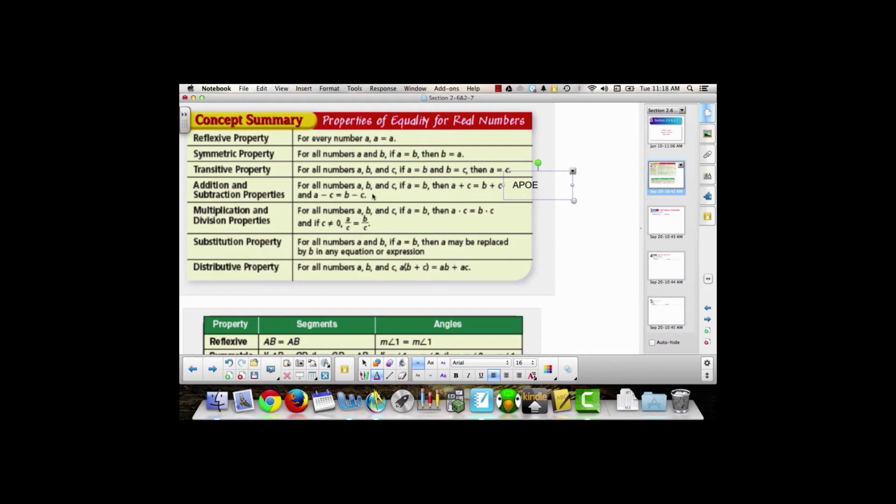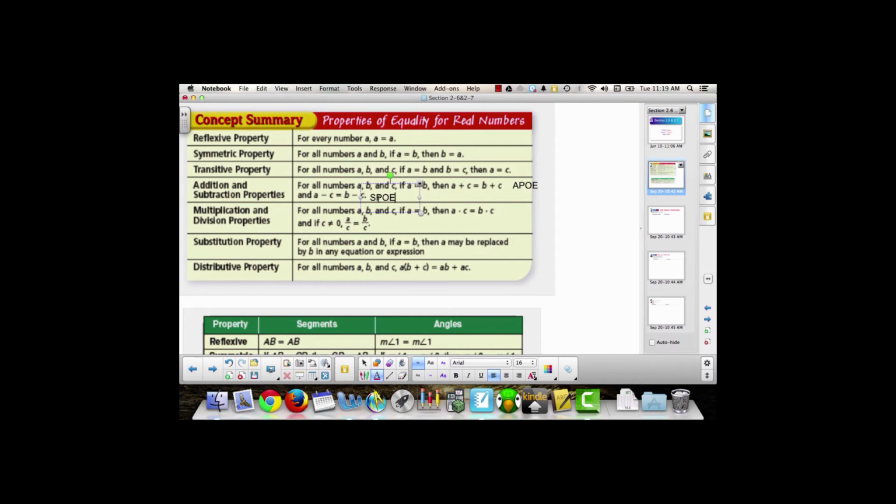And if you subtract a number from both sides of the equation, that's the subtraction property of equality, or SPOE. Since subtraction is really just adding a negative to both sides, you can always use APOE and you don't have to use SPOE. However, if you're more comfortable using SPOE when you feel that you're subtracting a number from both sides, that's perfectly fine.